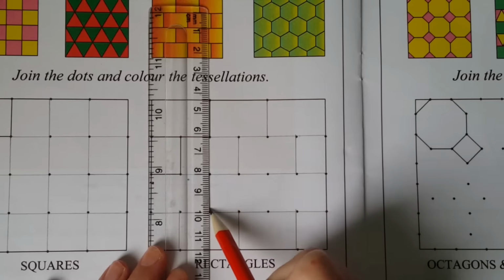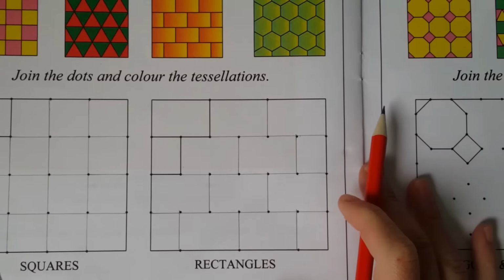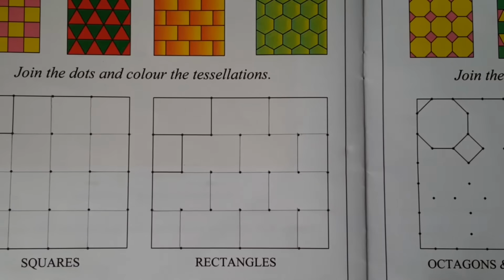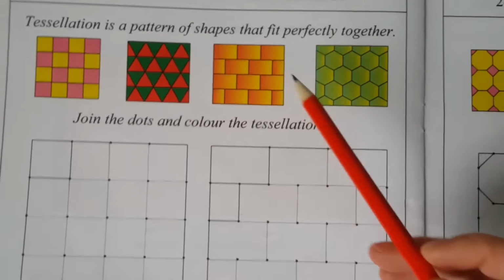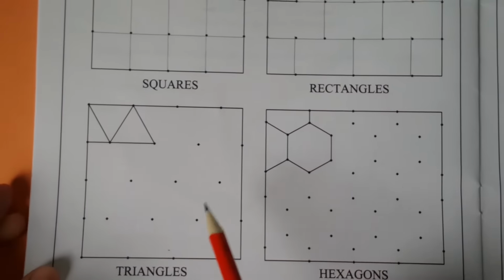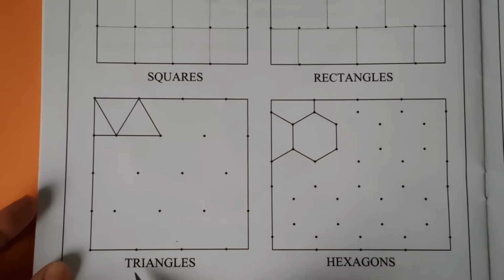That's the first line and the second. And there we have our second tessellation, composed of rectangles, is finished. Now let's move on to the third tessellation, which is made of triangles.